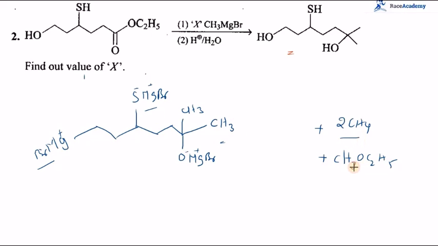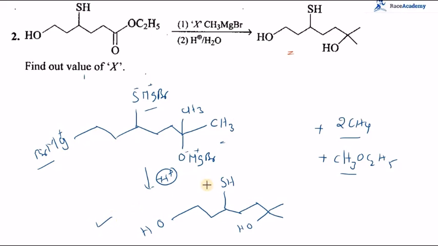In that way, the product formed after hydrolysis is an alcohol compound with OH. As per the given one, this is SH and OH. This is the product formed.